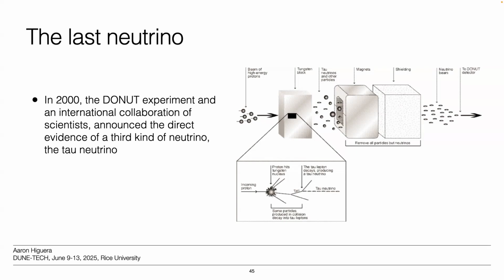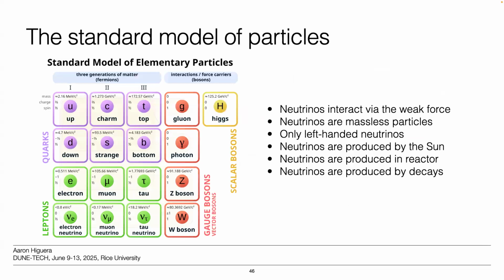And then you place a detector, and you expect to see some tau interactions there that are associated to the tau neutrino. And this was confirmed, and we now have seen a full picture of the neutrinos within the standard model. We have observed the three, yes?